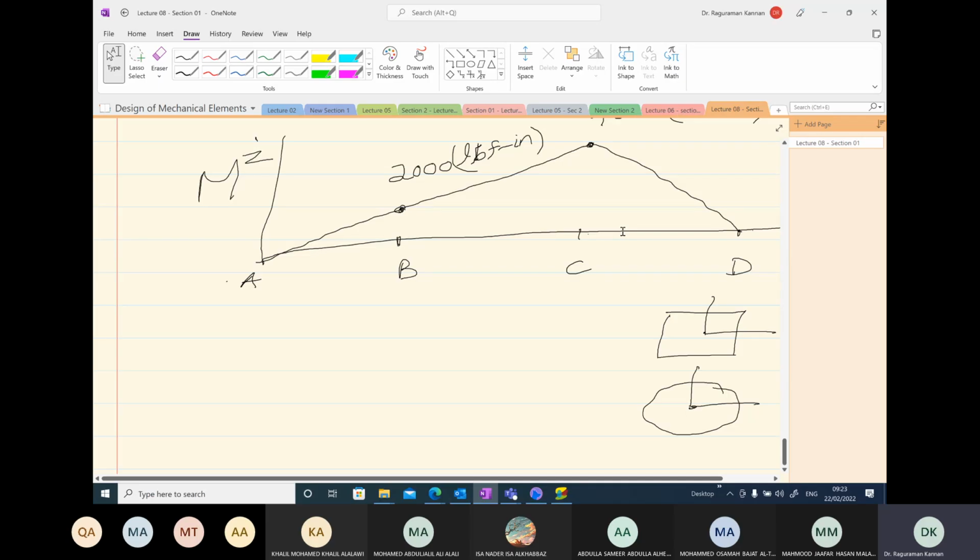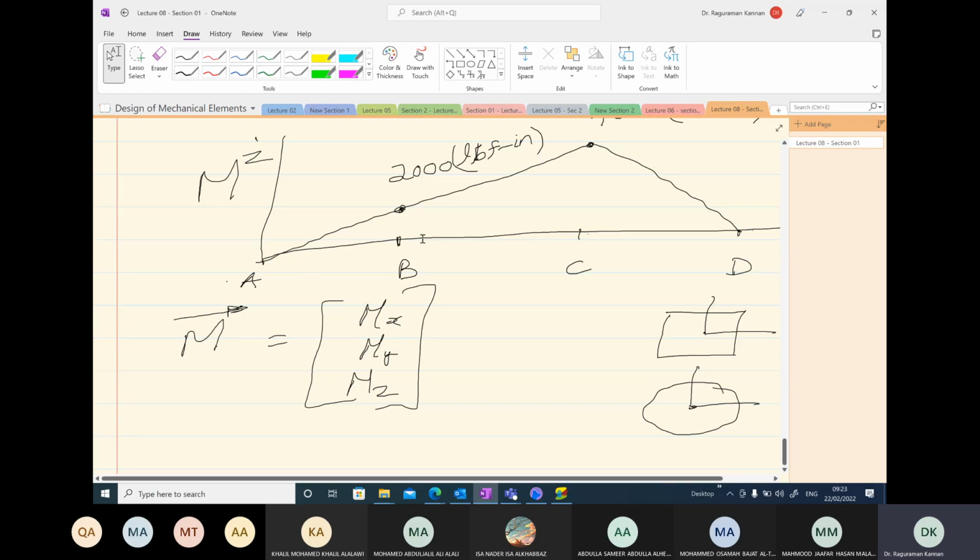Now, bending moment here is a vector. You have three components: Mx component, My component, Mz component. What we have found is Mx is non-existent, 0.